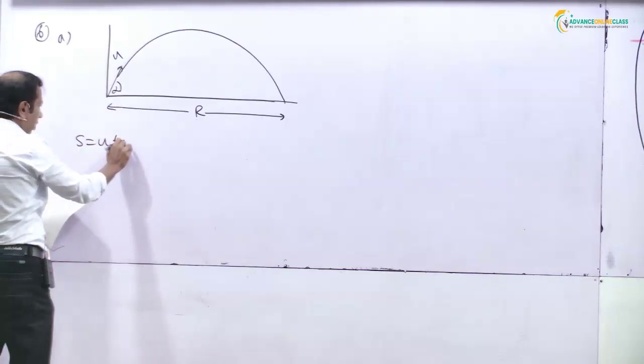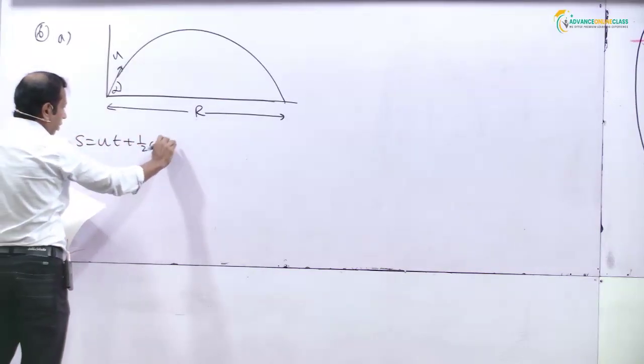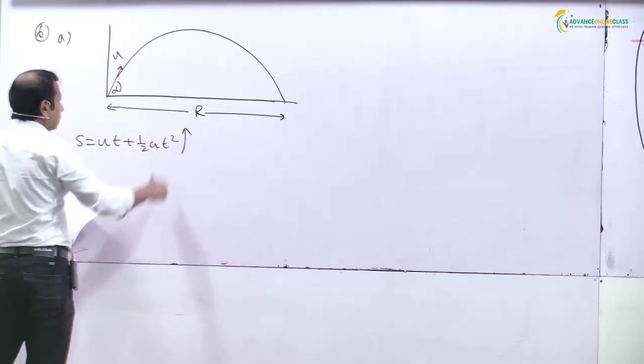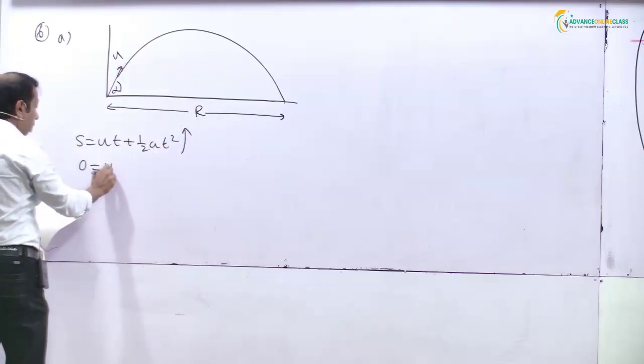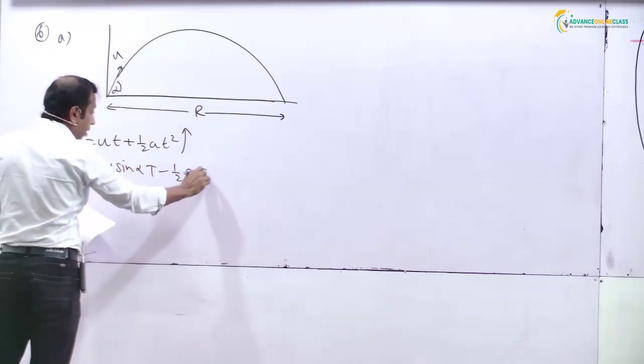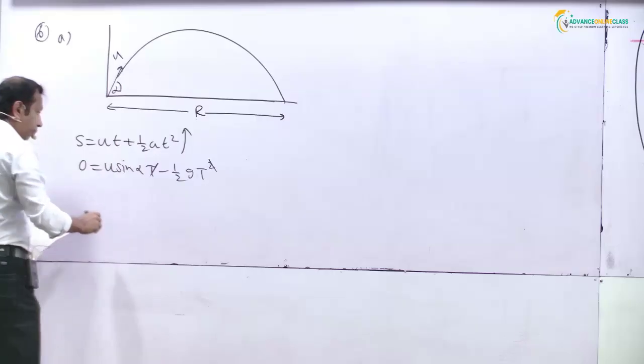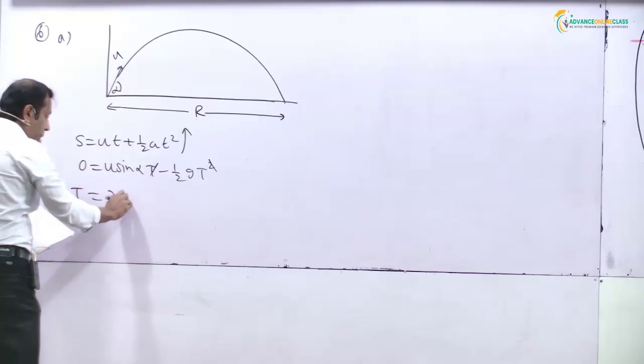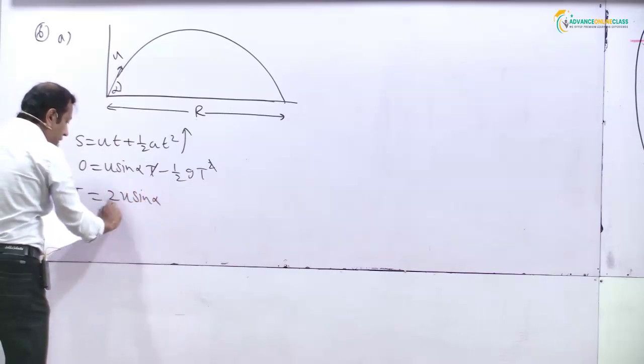S equals ut plus half at squared. You can apply upwards for the whole motion. So, u sin alpha t minus half g t squared. This we can cancel down. t equals what? 2u sin alpha over g.